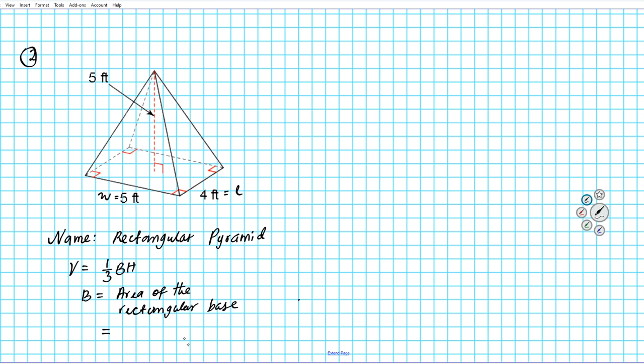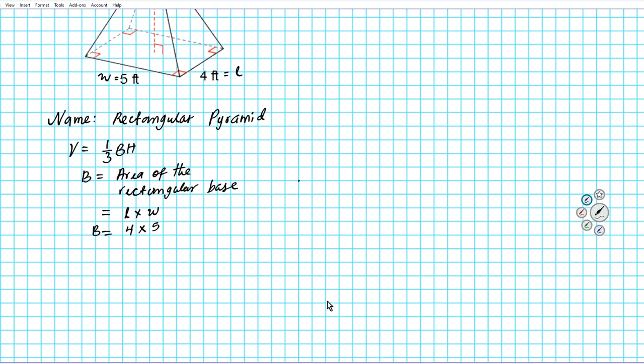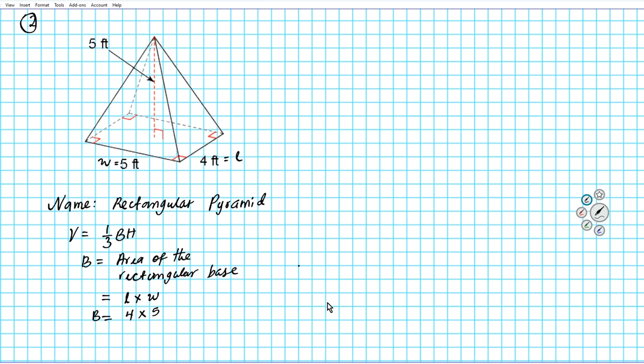So that's going to be L times W, 4 times 5 for the area of the base. The area of the base of this solid is going to be 20 square feet.